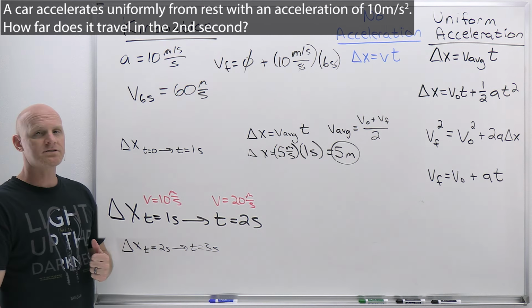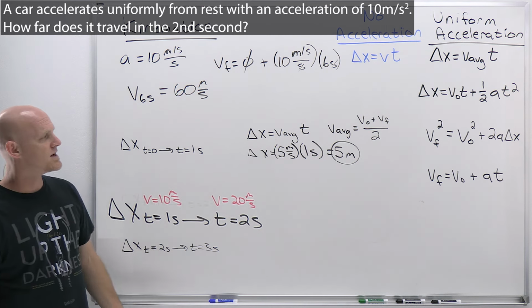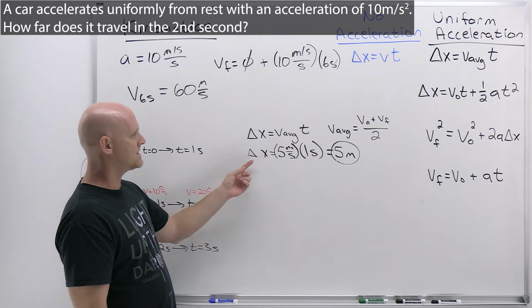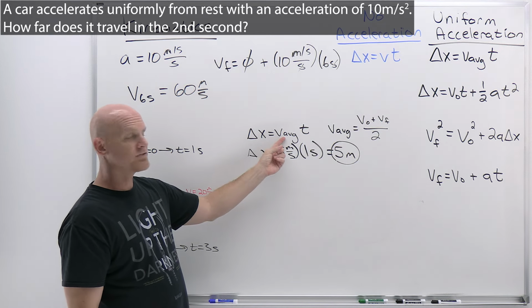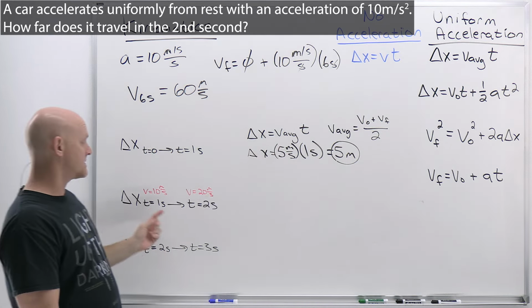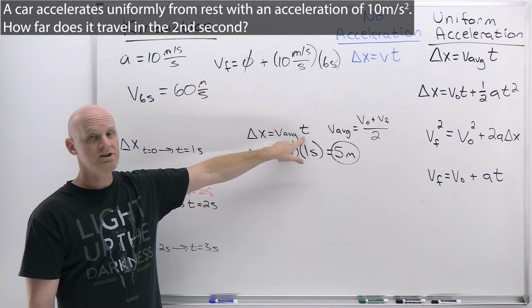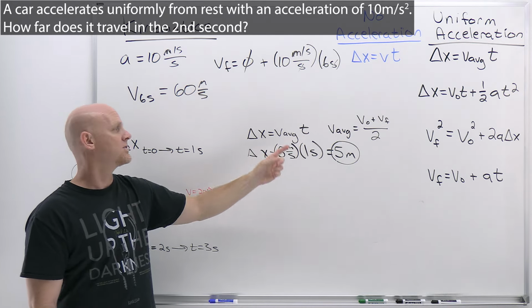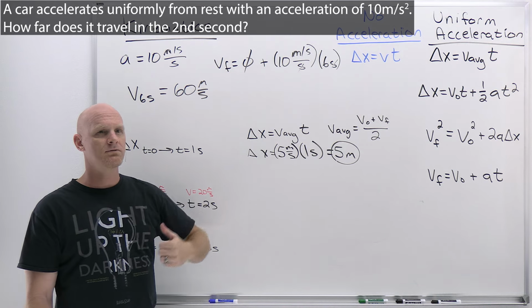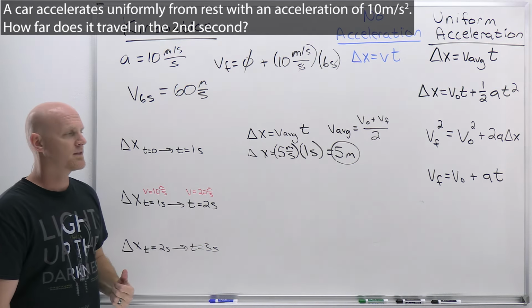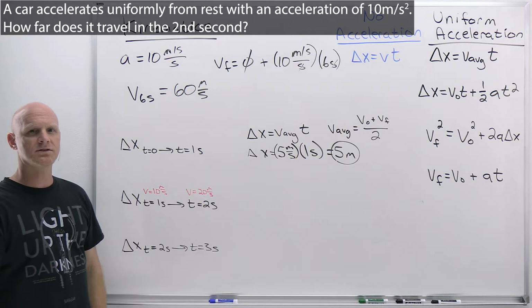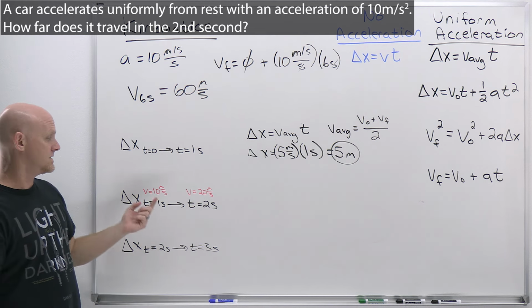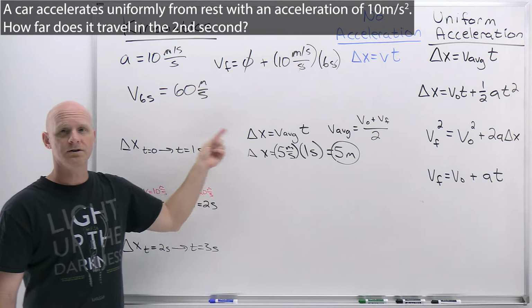The average would come out to 15 meters per second. And we could say the displacement equals the average velocity, 15 meters per second, and from t equals 1 to t equals 2 is a total duration of 1 second. So 15 meters per second times 1 second is 15 meters. And we haven't written anything on the board yet. We just rationalized that out and did it in our head using the exact same equation.